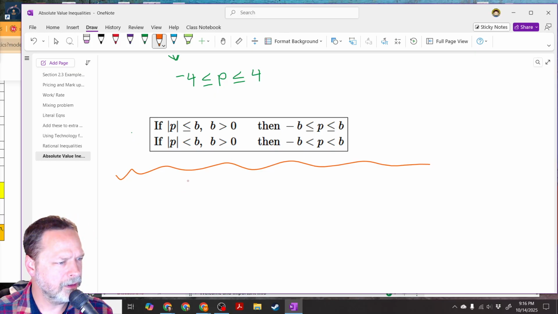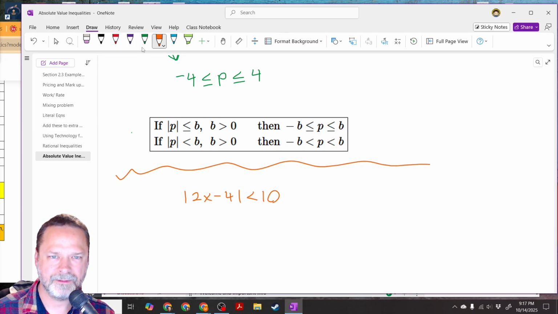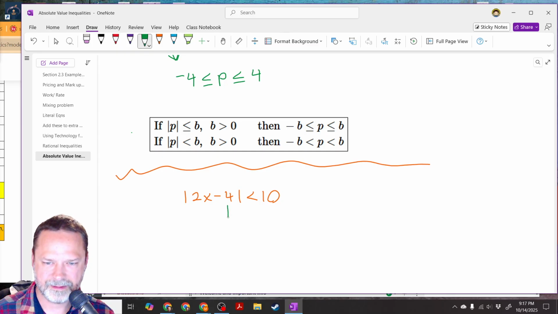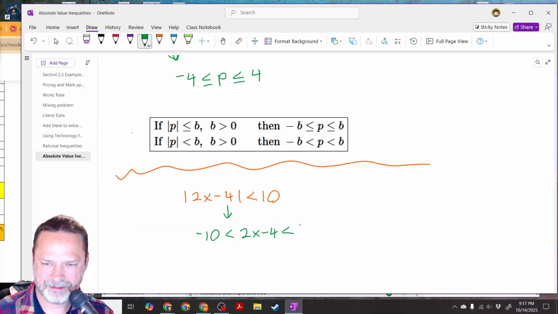Okay, so for example, let's solve absolute value of 2x minus 4 is less than 10. Let's say I want to solve that. Then I would use this right here to restate this as a compound inequality. And I would say -10 is less than 2x minus 4 is less than 10.